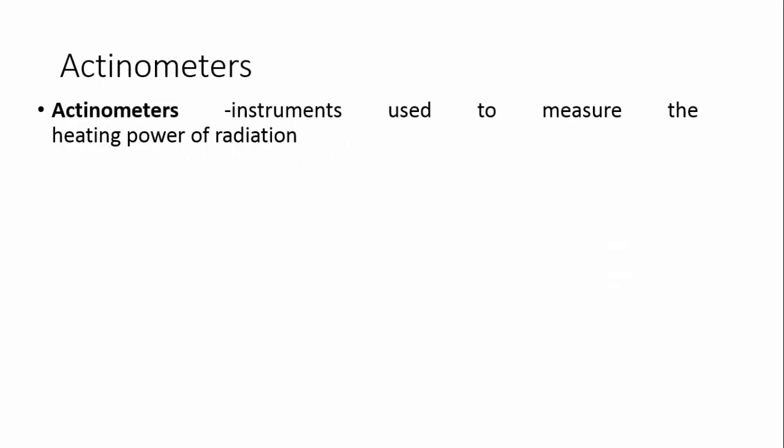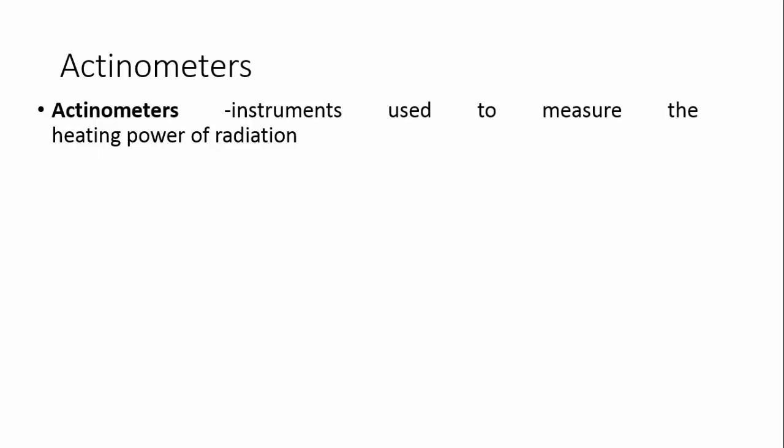And let us get into the measuring instruments. The solar measuring instruments are broadly called actinometers. Actinometers are measuring instruments used to measure the heating power of radiation. The radiation is sent by the sun and it will create some heat on the earth's surface.